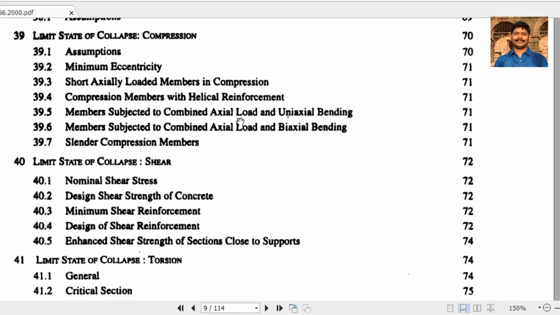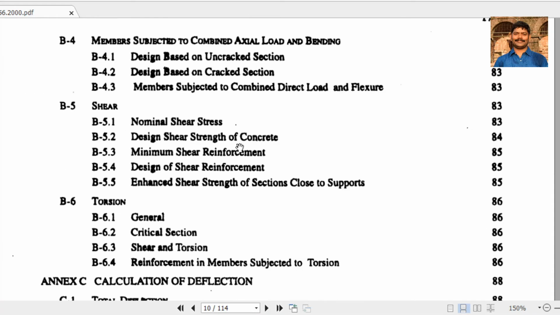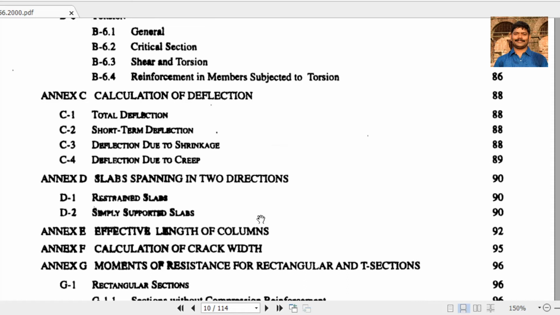And thereafter we have the annexures. Annexure B deals with the working stress method, and C deals with the deflection. Annexure D deals with the slab spanning in two directions, so annexure D deals with the two-way slab, E for effective length of the column, annexure F for calculation of crack width, and G is for moment resistance.